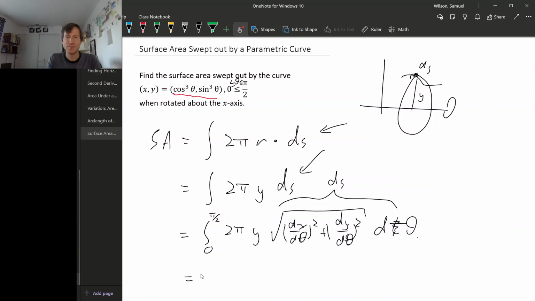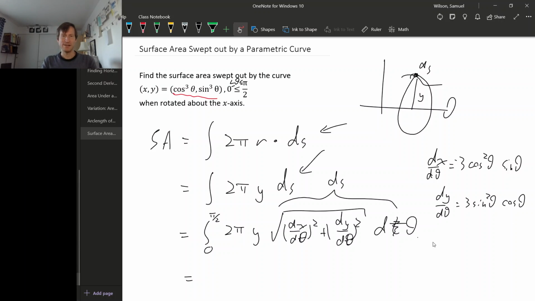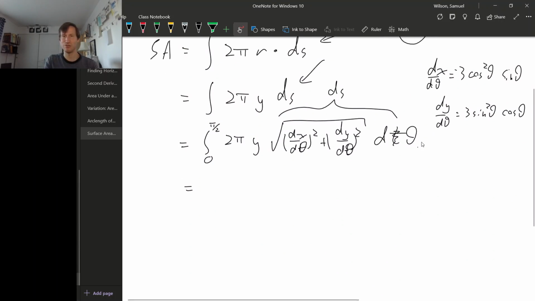Okay, so now let's write everything in terms of theta. dx/d theta: take the derivative of our x coordinate function. It's 3 cosine squared theta with a minus times sine theta. Careful about your chain rule. And then dy/d theta is 3 sine squared theta times cosine theta. All right, now we can put everything into our integral here.